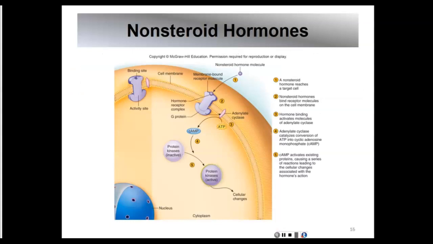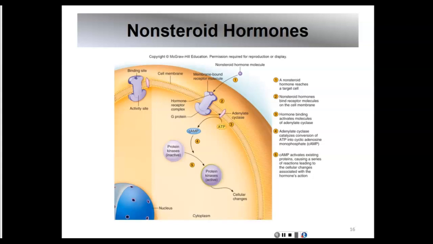So you can see it looks a whole lot different than that last picture. Here's our non-steroid hormone at number 1. It reaches the cell and it's going to bind to a receptor molecule there on the cell membrane. Then that binding will activate molecules of adenylate cyclase at number 3.